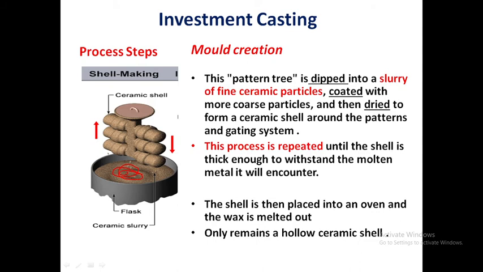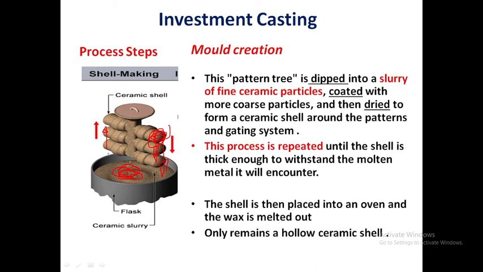The wax is dipped into the ceramic slurry, removed, and dried to form a ceramic shell. If sufficient thickness is not formed, they dip it into the slurry again, so that a sufficiently thick layer is formed on the tree to stand the hot molten metal.